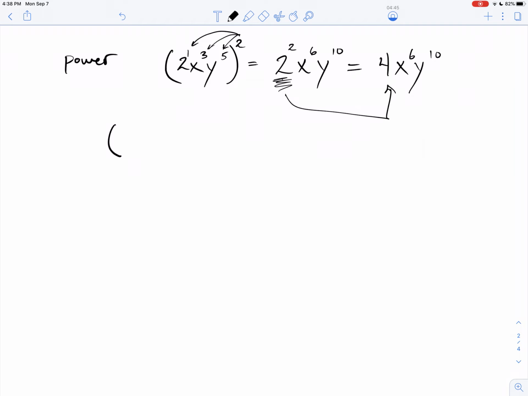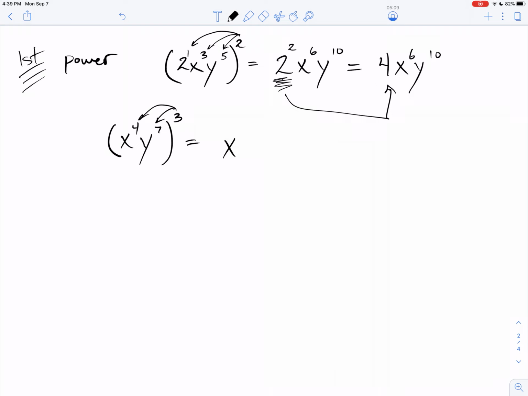When you have anything and they give you an exponent on the outside, you should always do this rule first. The power rule should always be the first thing you look at, because this guy is the only rule like it.